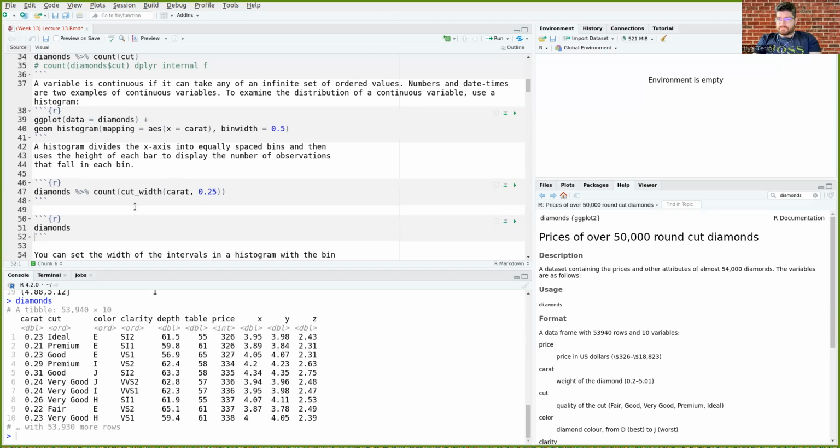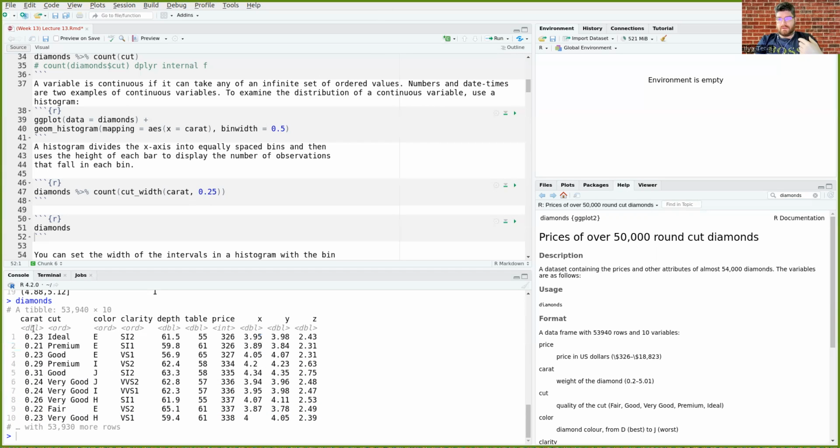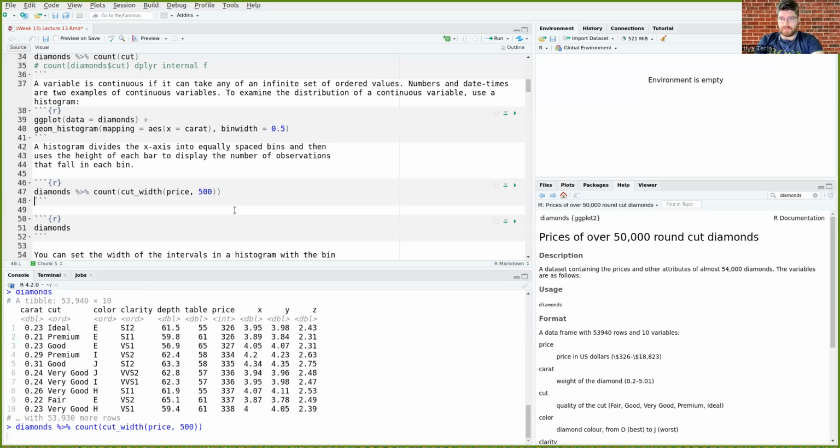So what can we say? We can say that carat is a continuous variable. Price is also a continuous variable, and we can provide this kind of grouping in price. Maybe $100 is not the best choice, but let's start with $500.